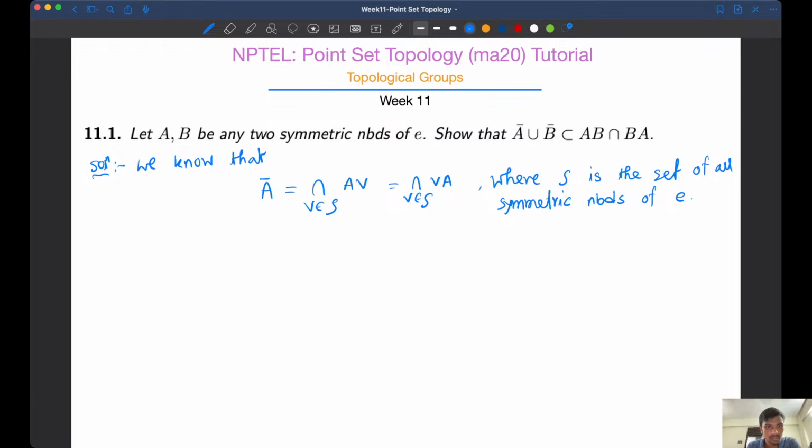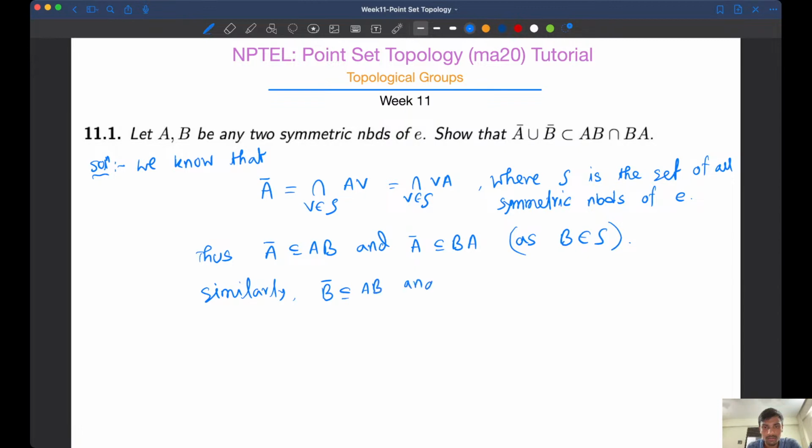So in particular, I can say that thus A closure is contained in AB, and also A closure is contained in BA, as B belongs to this set S. And similarly for B closure, I can use A belongs to S, so this is contained in AB, and B closure is also contained in BA, as A belongs to S. Thus, both A closure and B closure are contained in AB intersection BA.